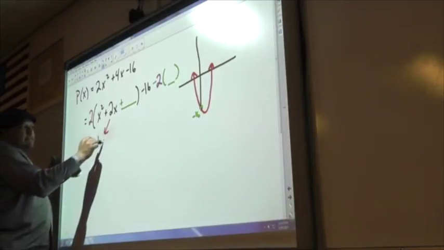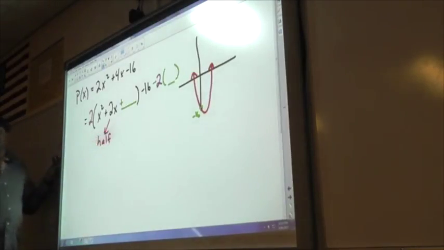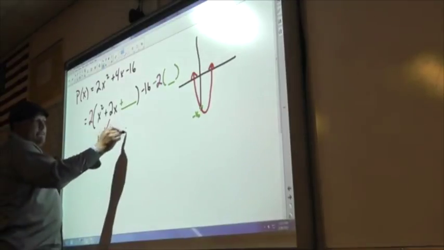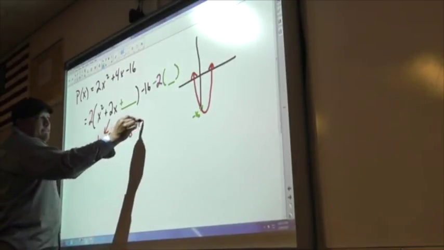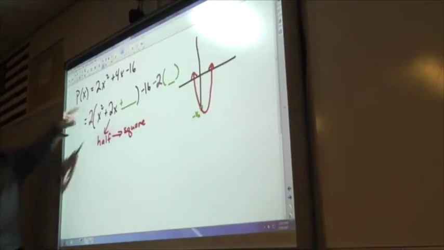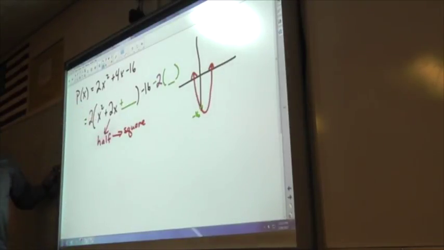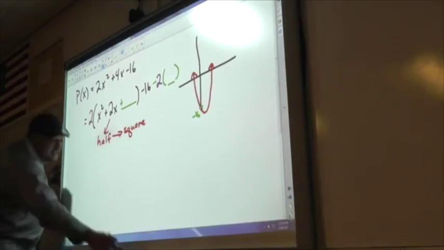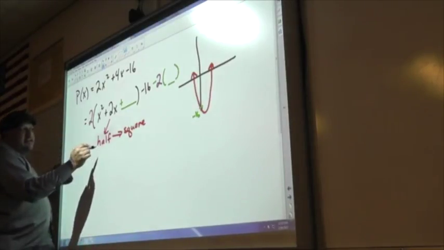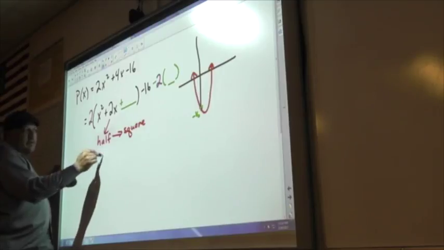You do half, and then you square it. Half squared. So what's half of 2? You can check on your calculator if you need to. 1.